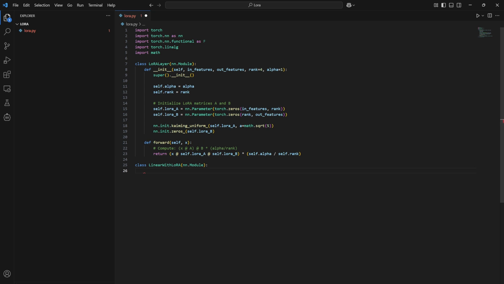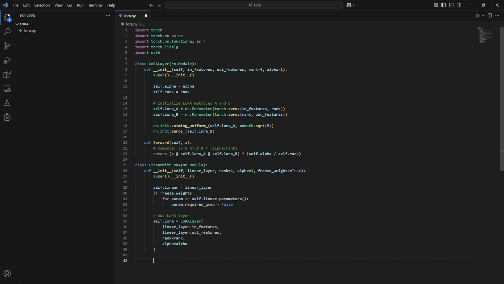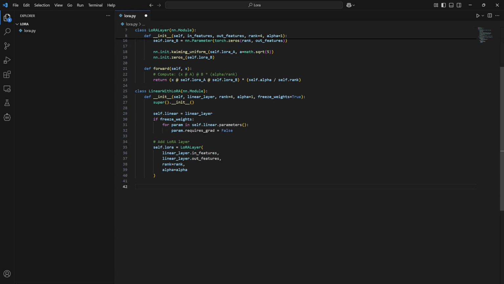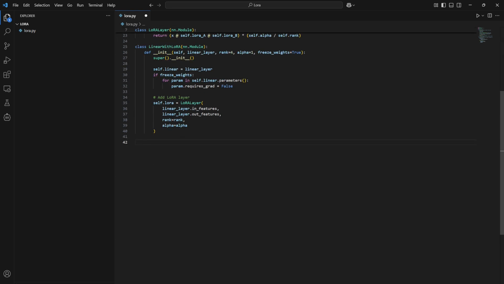Linear with LoRA class. Testing the LoRA.